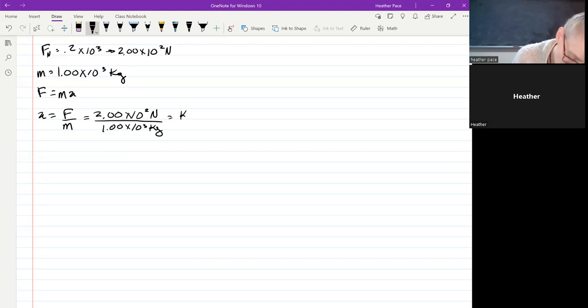Remember, Newton is kilograms times meters per second squared. You can see then that these cancel out, and we're left with an acceleration of 2.00 times 10 to the negative 1 meters per second squared.